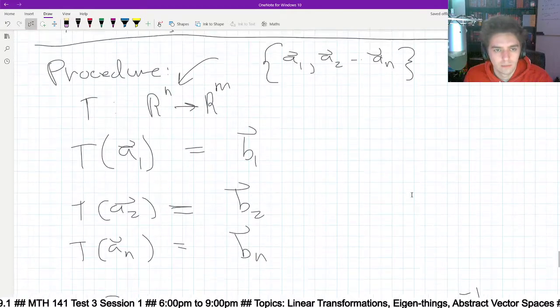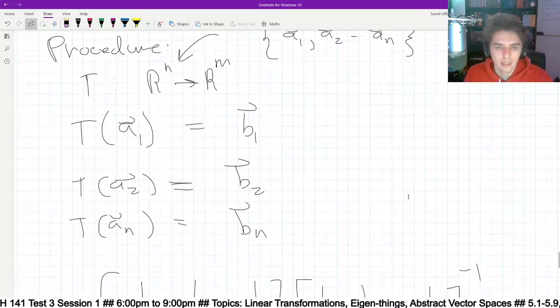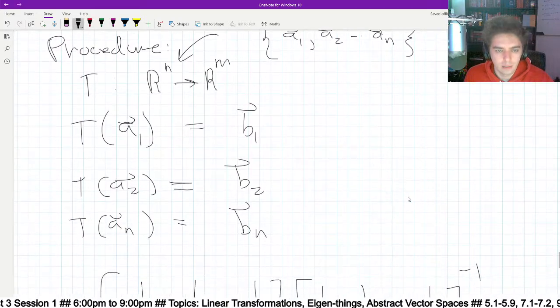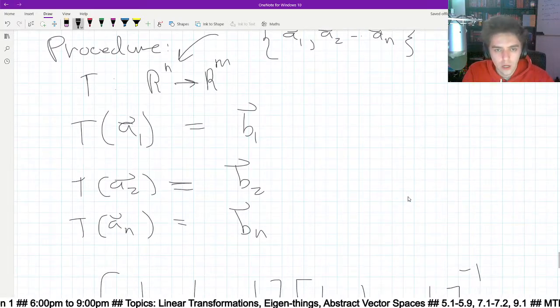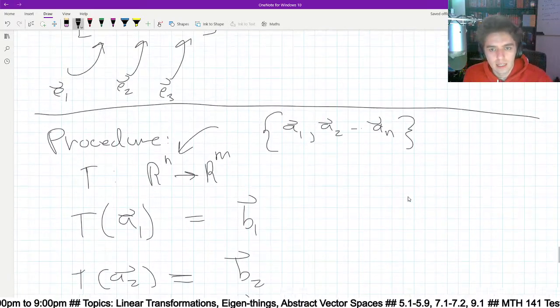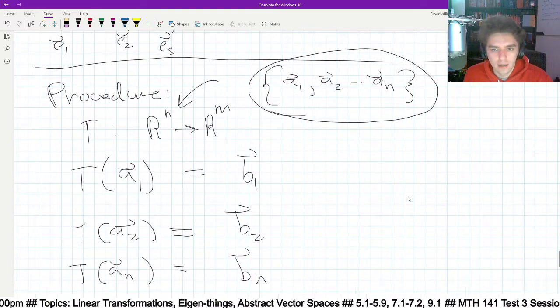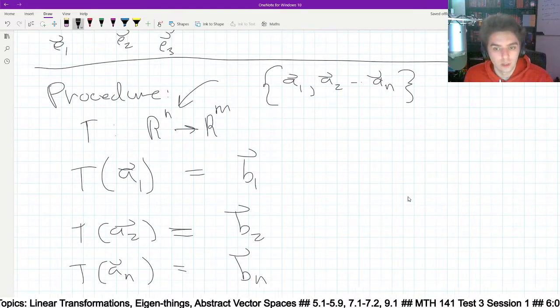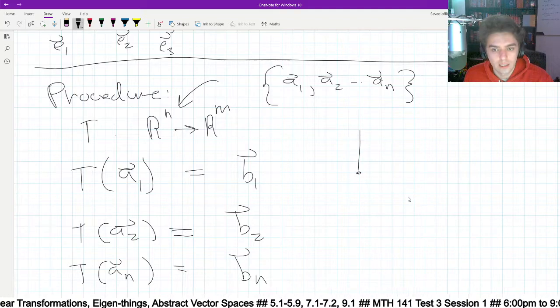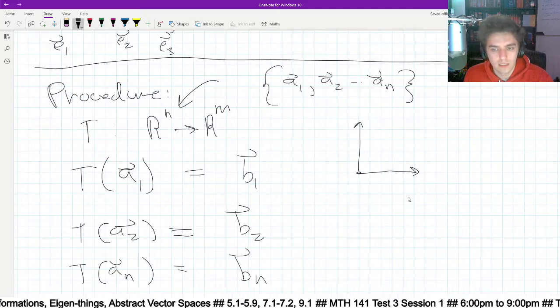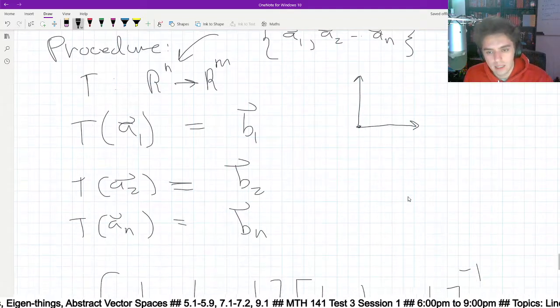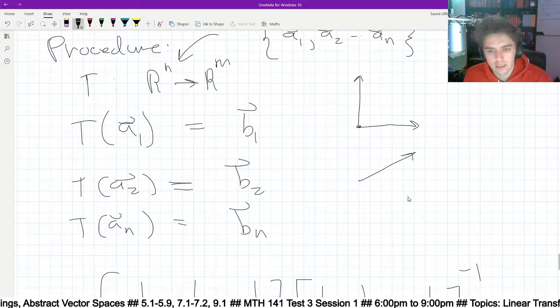If you want to think about it visually with the transformations, we're saying this basis for Rn is already transformed. It's not the standard basis. You started with the standard basis, and let's say after the transformation it looks like this.